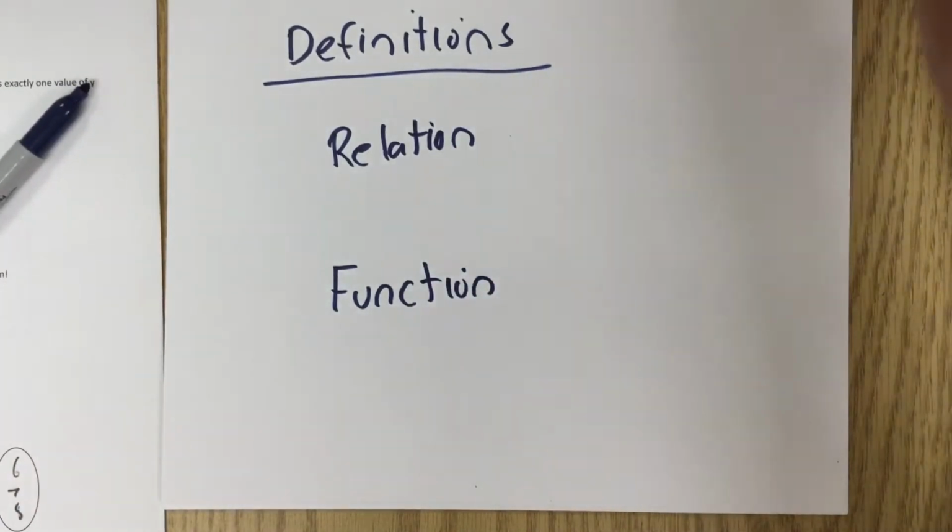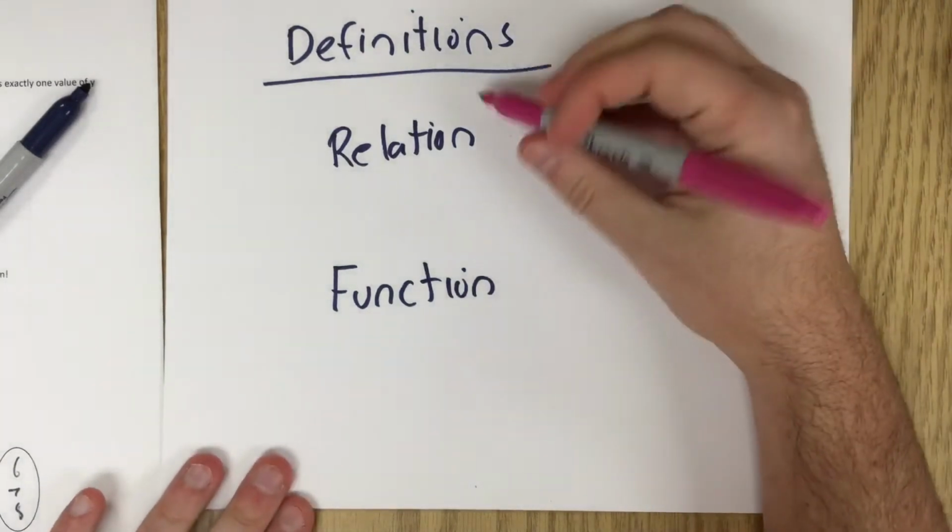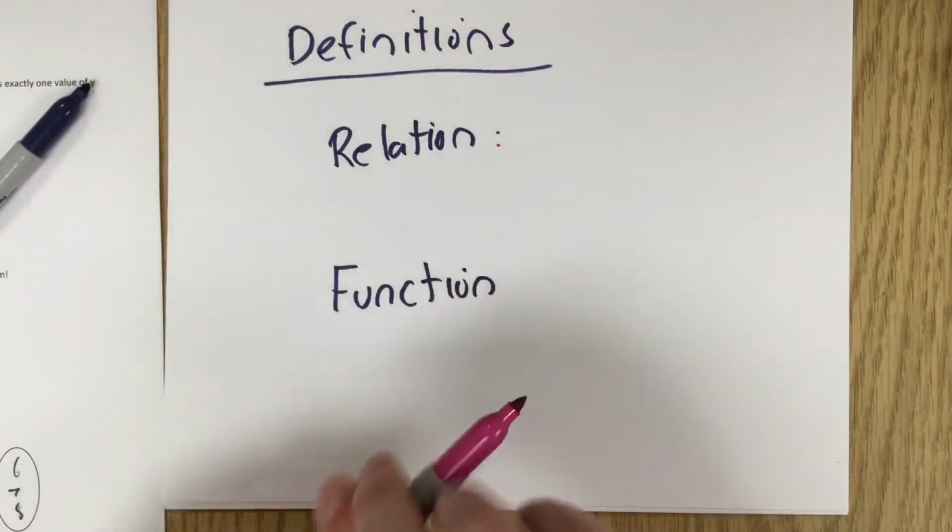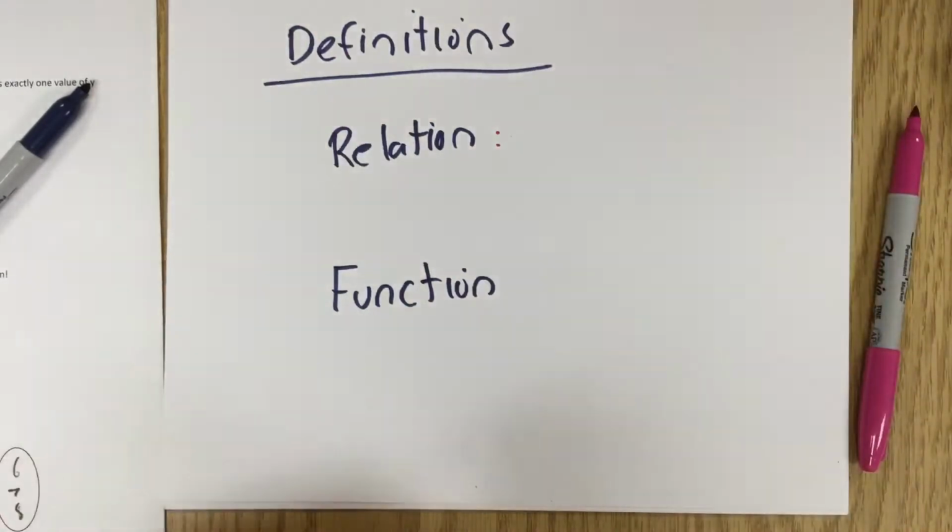And a relation is just the kind of interaction or relationship between two variables.